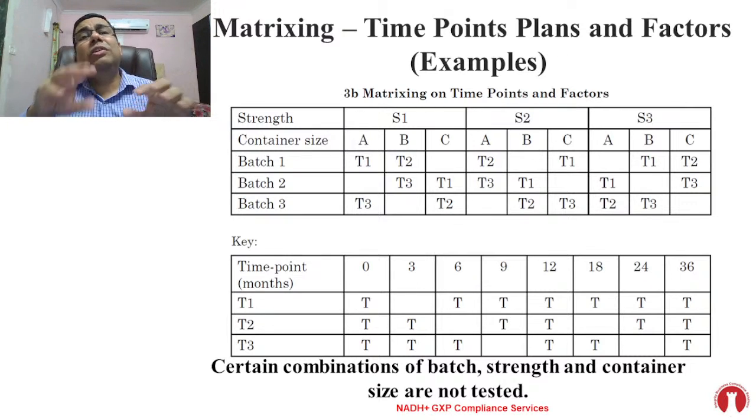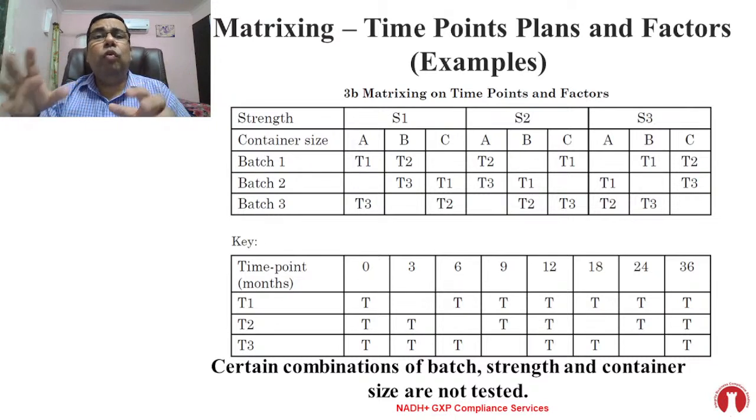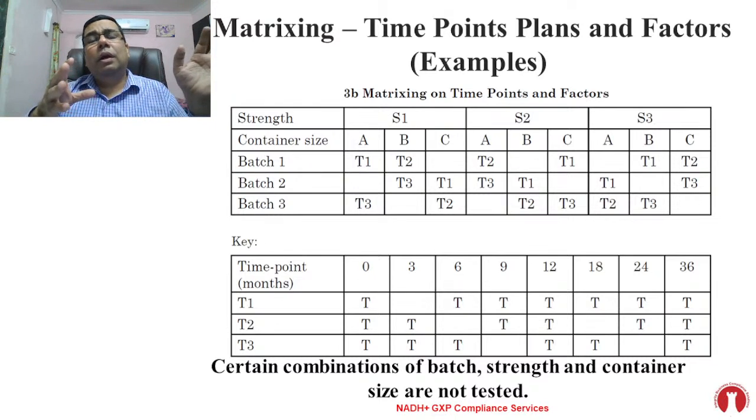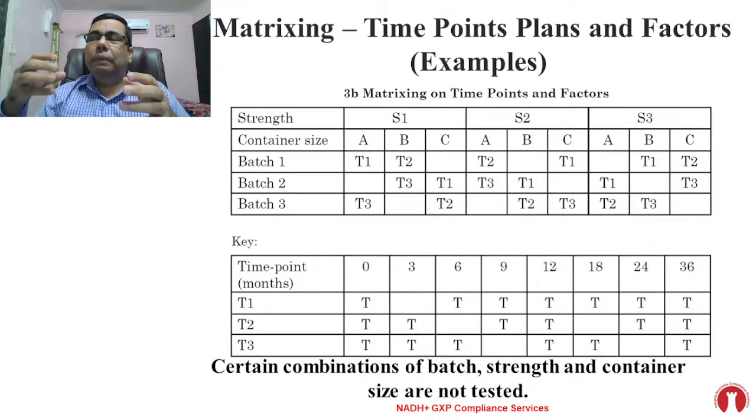This type of matrixing you can follow when you have already developed a product. The product has been running in the market for a long time, and you have sufficient stability data. Then you can definitely reduce the stability testing by following this matrixing approach in future.